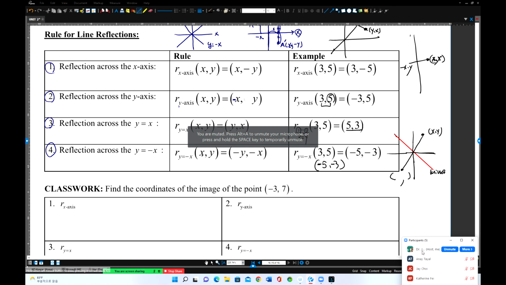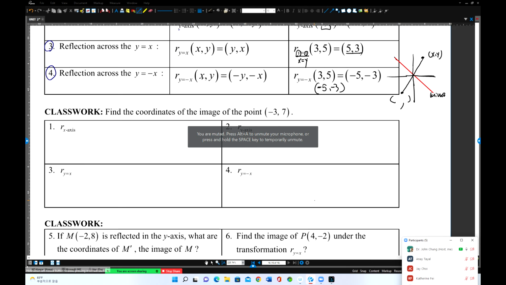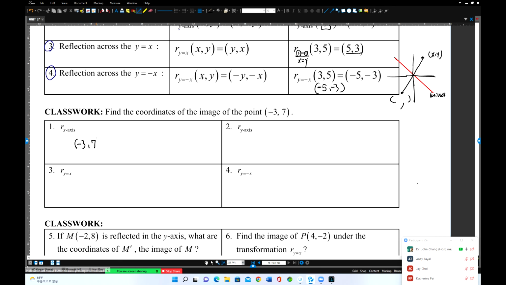Alright, now we have some classwork over here. We have a point -3 and 7. We just apply the formula, right? Reflection over the x-axis. Or you can do this simply, you can use either of these, but I like this one.